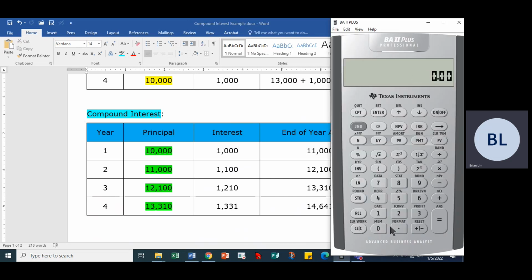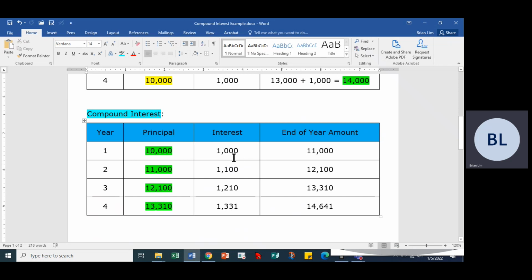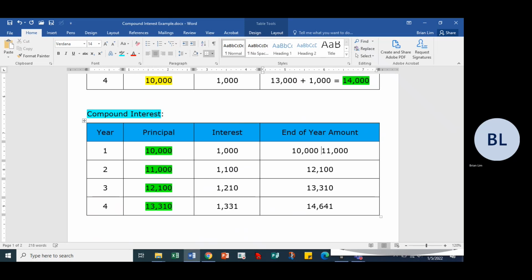If you wish, you could go and do your 10%, which is 0.10, and then multiply that by $10,000, and that would give us $1,000, just as we previously calculated. All right, so this here is there, and then now we will get what? It's 10,000 plus 1,000. That would give us a grand total of 11,000.